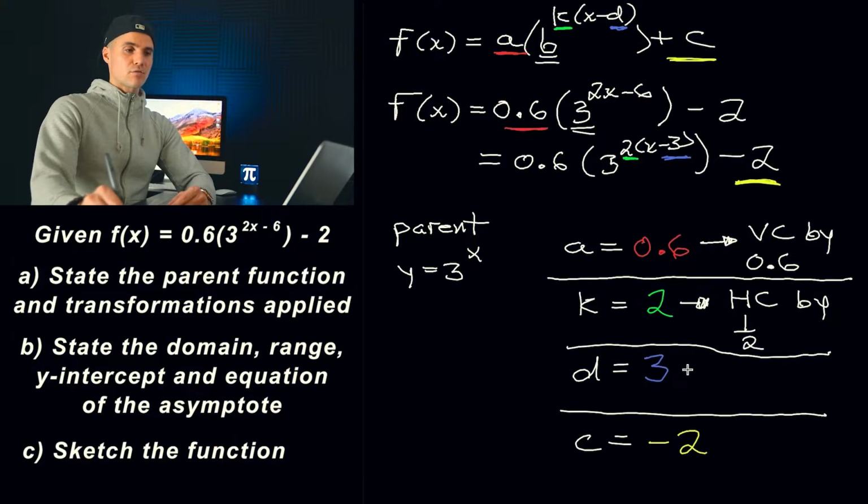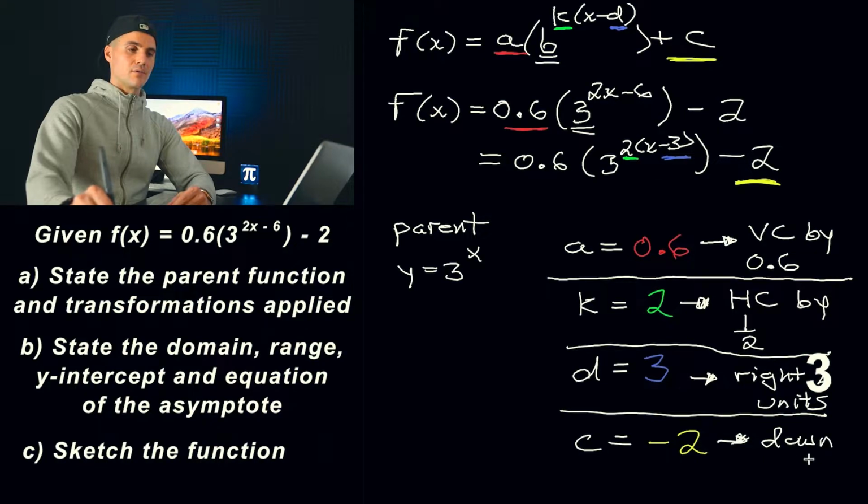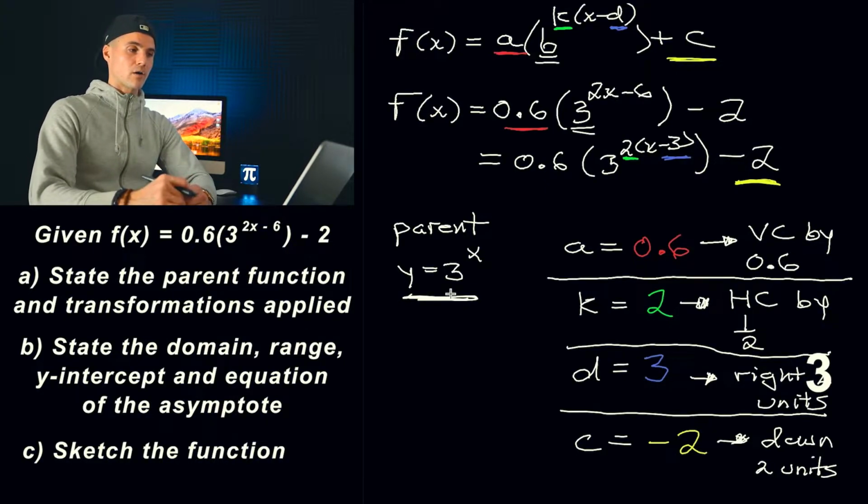Then the d value of 3, that means that there's a horizontal translation right 3 units. And then a c value of negative 2, that means there's a vertical translation down 2 units. And that's pretty much it for part A, those are the transformations that are going to be applied to this parent function y equals 3 to the power of x.